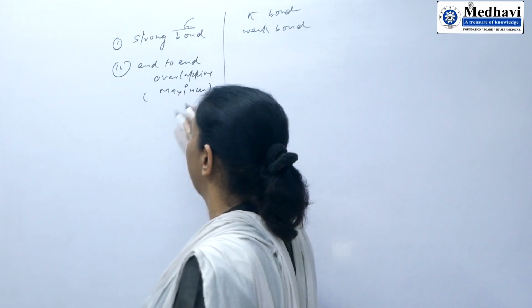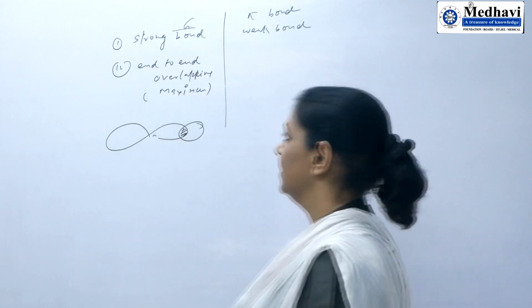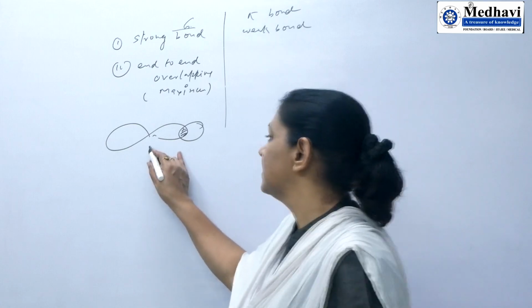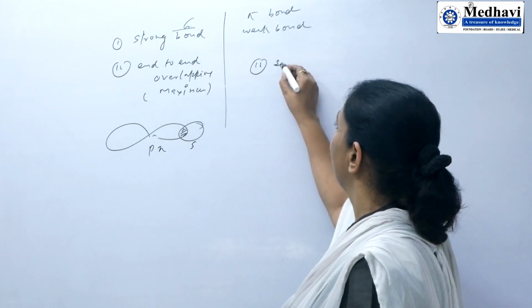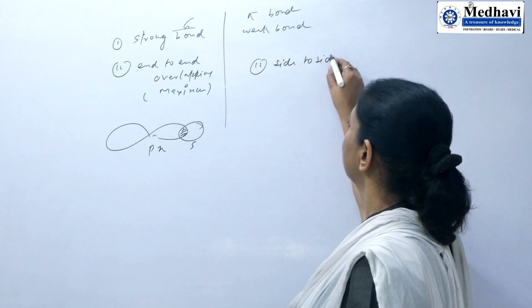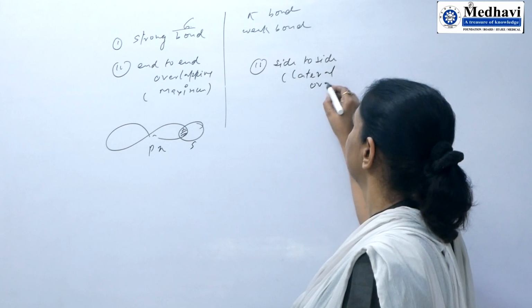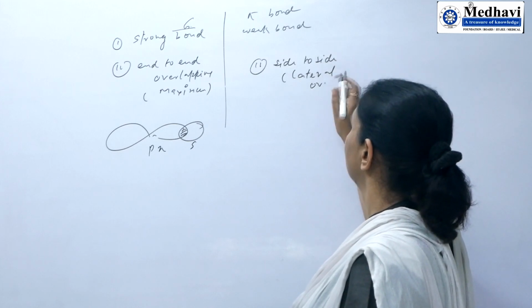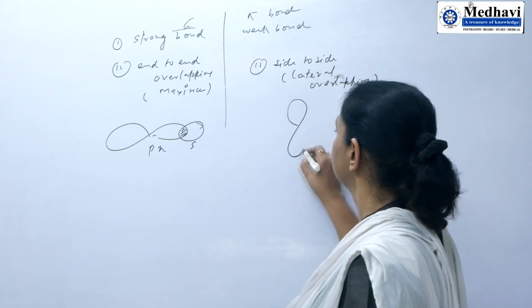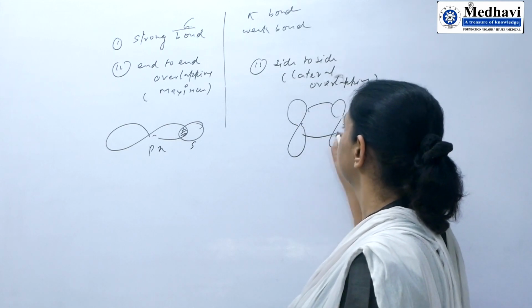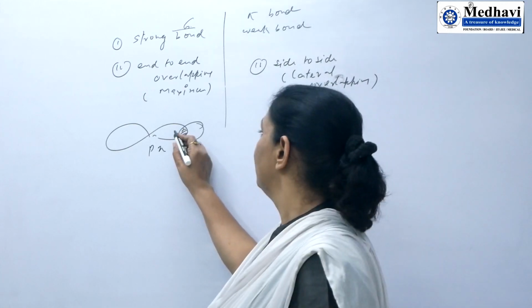When there is maximum overlapping, like s orbitals and p orbitals, this type of hybridization, this type of sigma bond, suppose px and s. Here, side to side overlapping. You can say lateral overlapping. Like this. Electrons are there, suppose one electron here.